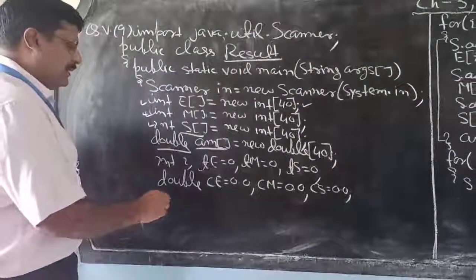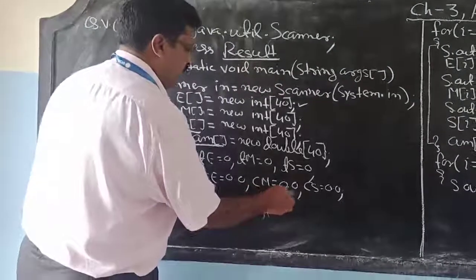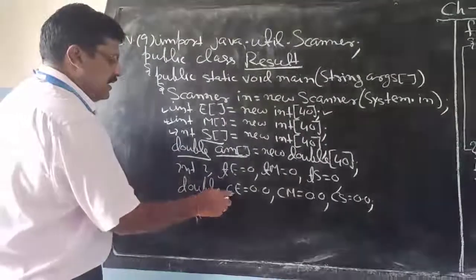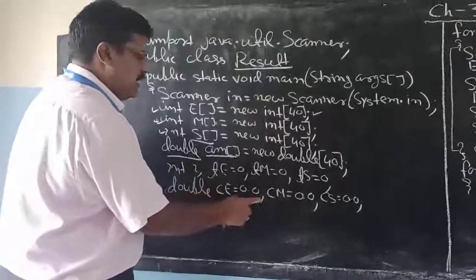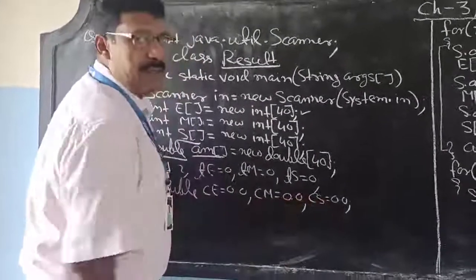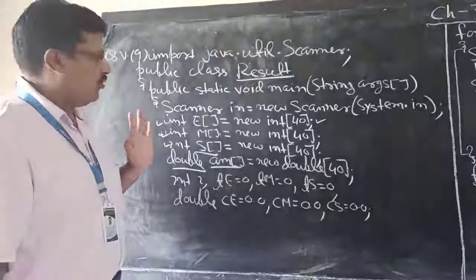After that, we have declared double type ce equal to 0.0, cm equal to 0.0, cs equal to 0.0. Ce is the class average of English marks, cm is the class average of Math marks, and cs is the class average of Science marks. So we have declared all the variables along with the arrays.